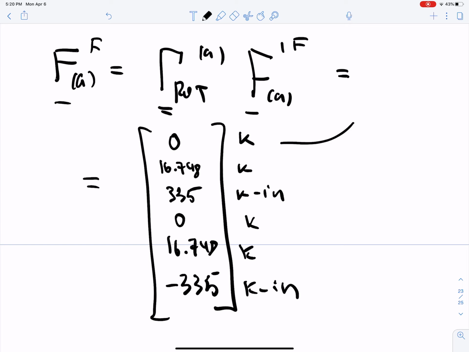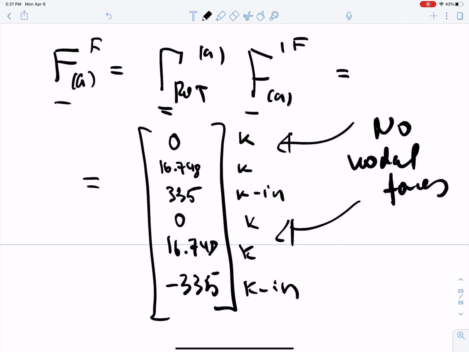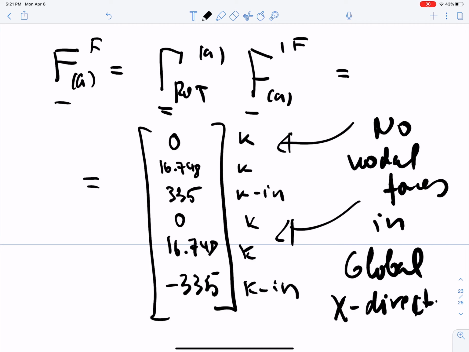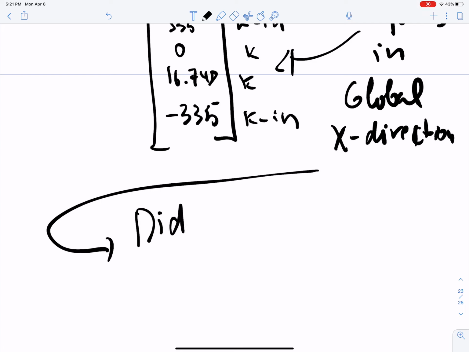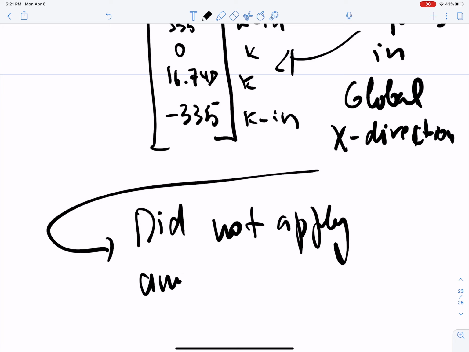So note, as you would expect, after all the geometric transformations, no nodal forces in global x direction. The reason for that is because you did not apply any forces in x.